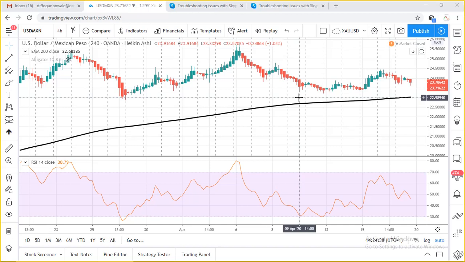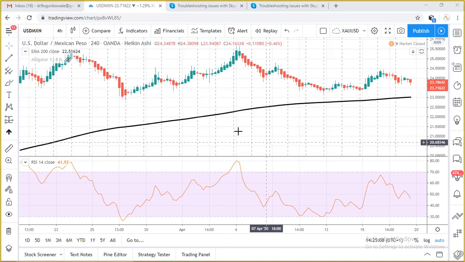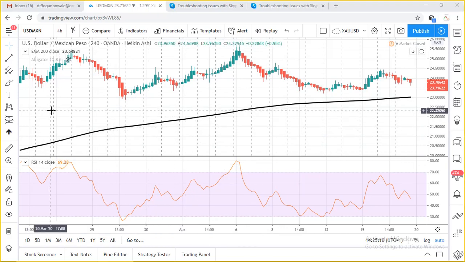We'll be looking at 6 pairs: USD JPY, USD CAD, Euro USD, NZD USD, which is the new addition, and AUD CAD. We'll be looking at those 6.